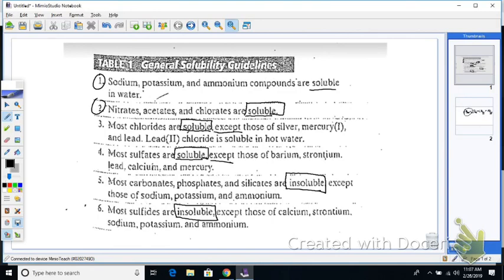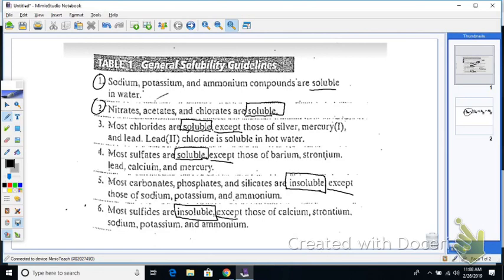That means they won't be soluble when they're put in this situation. 5 and 6, you have 2 excepts. Except, like when you spell something, I comes before E except after C. So that's an exception, right? It's always this way except if it follows a C.